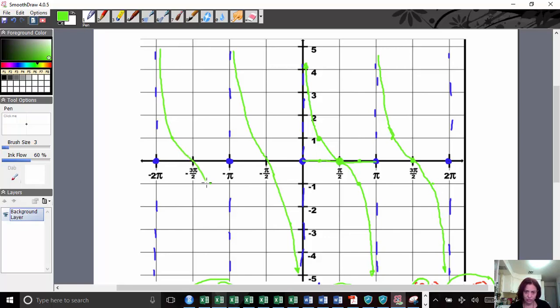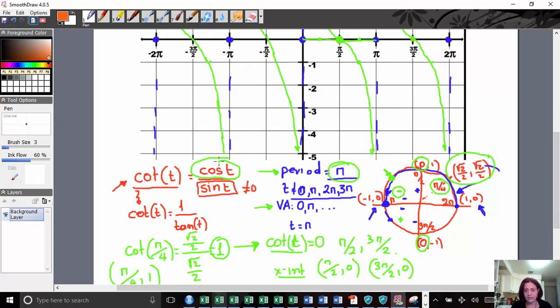What I want you to also focus on here is that let's try to remember how the tangent looks. I'm going to change color here in order to graph the tangent. The tangent is the reciprocal of the cotangent. So what does this mean?